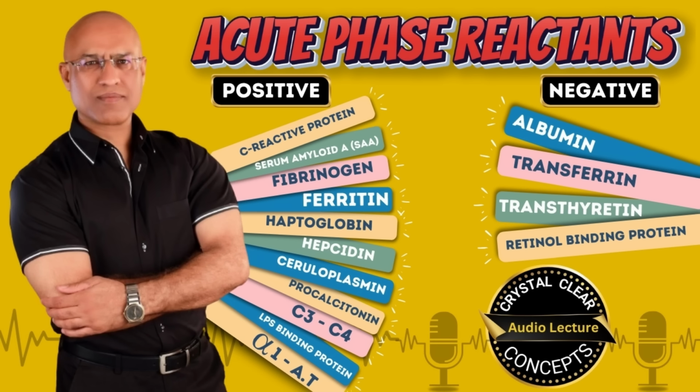Second function is that C-reactive protein, once it binds with its target, like a pathogen or injured cell, can activate the classical pathway of the complement system. And that complement system, when it is activated, can produce activated fragments.